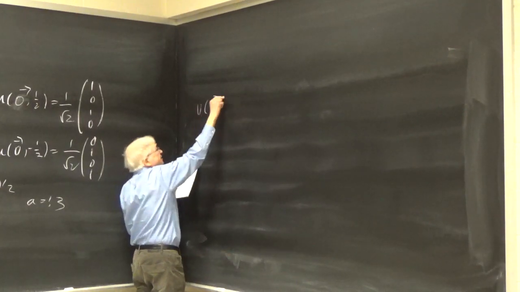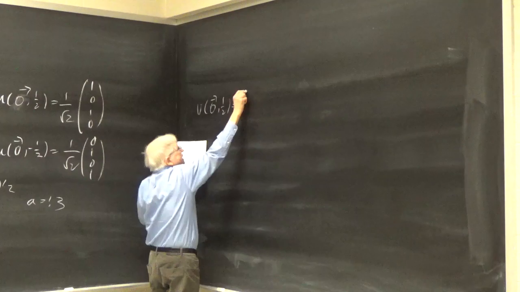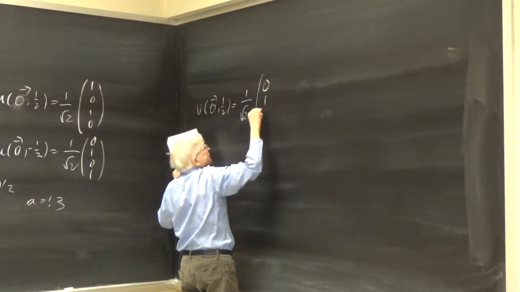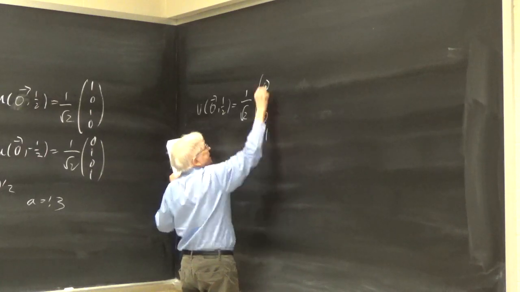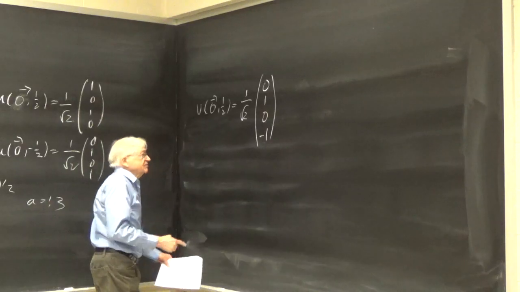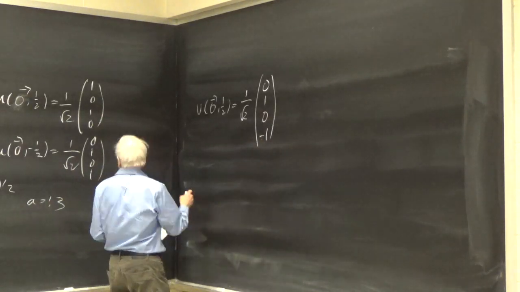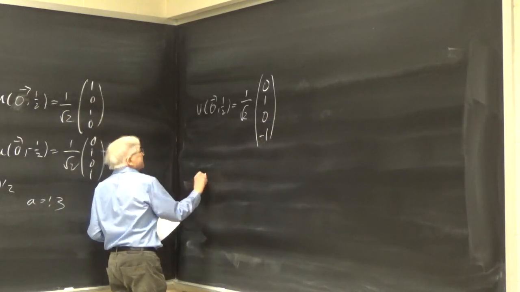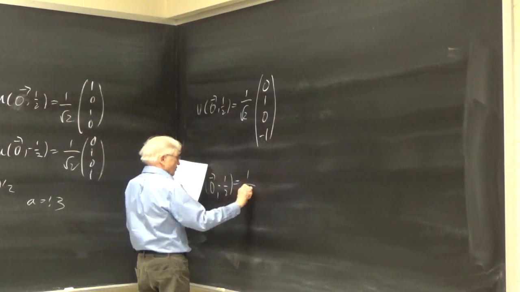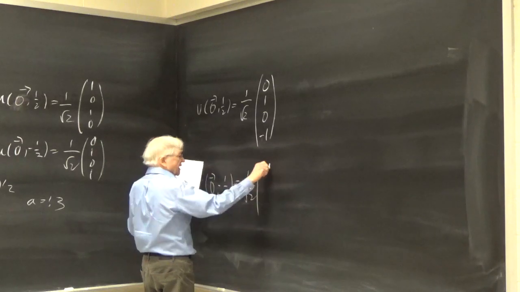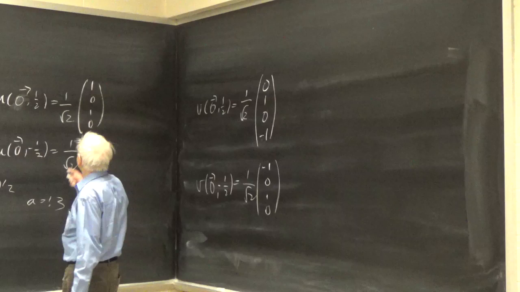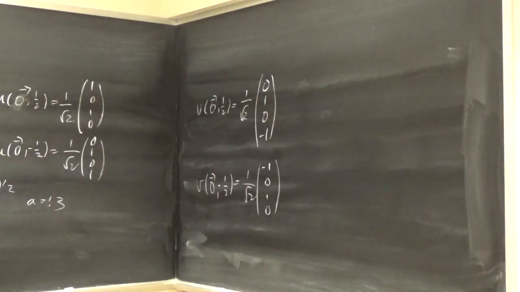All right, v of 0, plus a half, has to be basically of this form, 0, 1, 0, and then, of course, it has to be orthogonal to this one, so we use a minus 1 half, and v of momentum 0, minus 1 half, then 1 over root 2, minus 1, 0, 1, 0. Again, the minus sign comes in because you want to be orthogonal to that one.